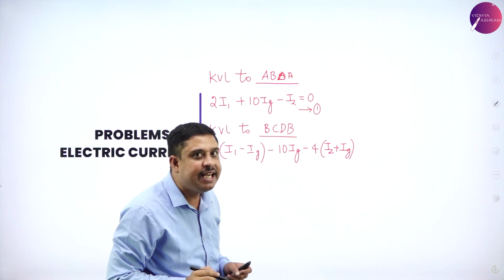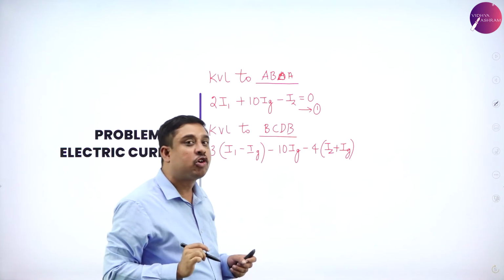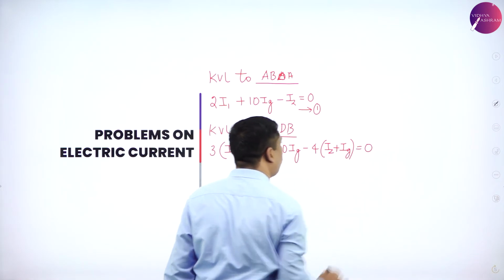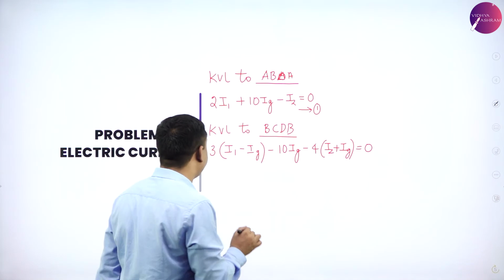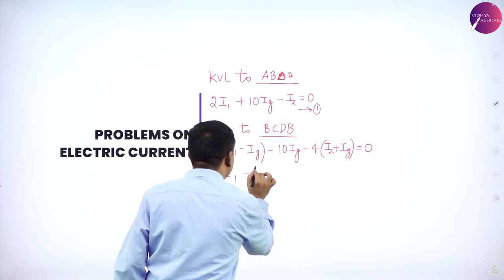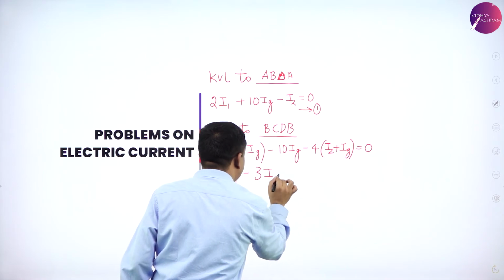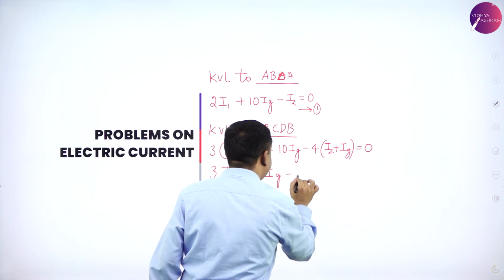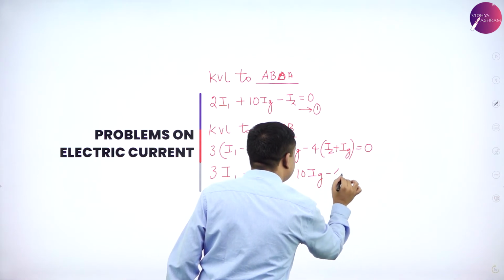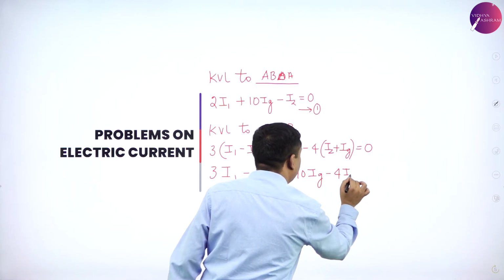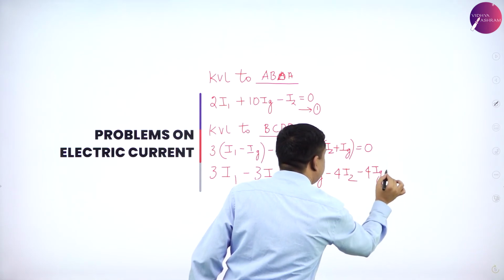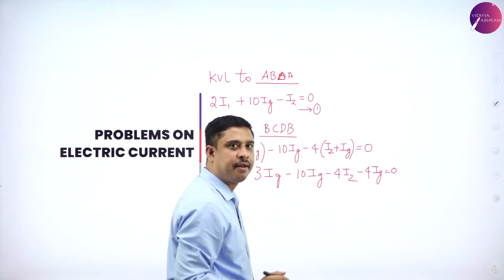Again, do I have an EMF in that part of the mesh? No. So, this is 0. So, on simplification, 3I1 minus 3Ig minus 10Ig minus 4I2 minus 4Ig is equal to 0.